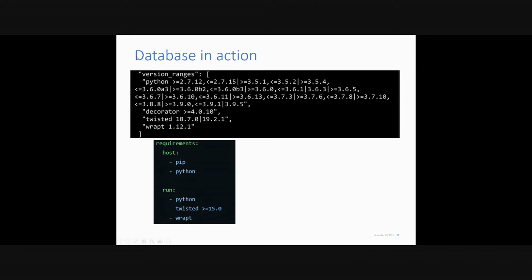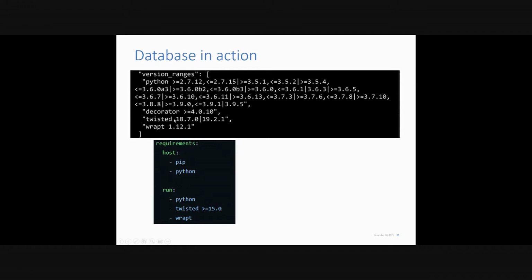So one of the reasons why this looks so gnarly with, well, you can be greater than 2.7.12 or less than 2.7.15, but maybe not more than that, or even worse, constrained to 3.5.1 or 3.5.2, but not 3.5.3, it's just because we maybe haven't gotten around to 3.5.3 yet in terms of indexing.